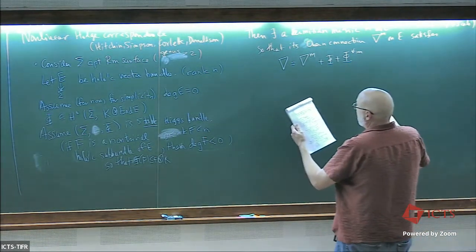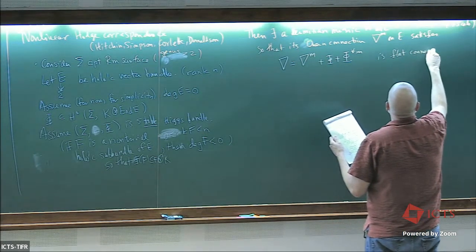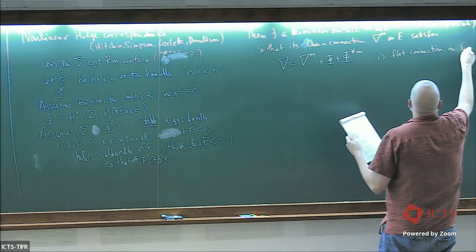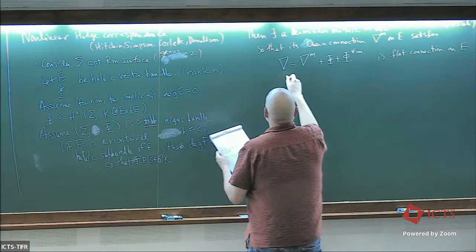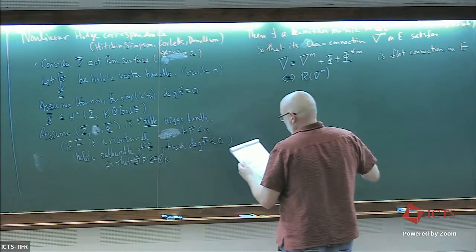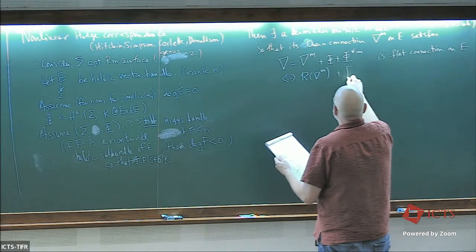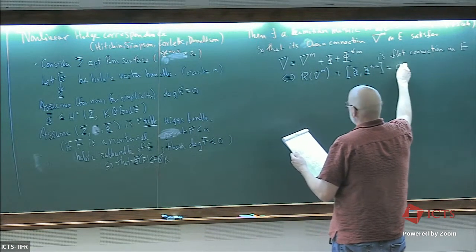So then this is a flat connection on E. In other words, the curvature of nabla_M plus the bracket of phi and its dual is equal to 0.